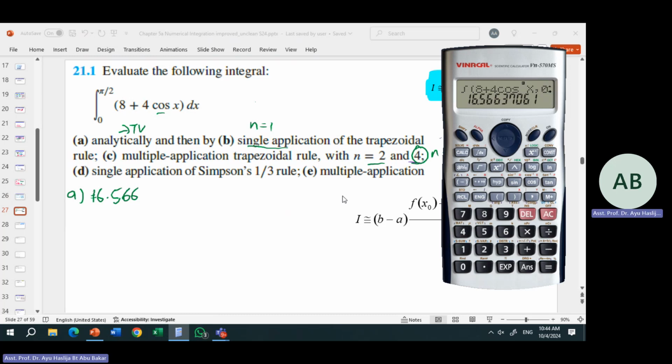For the true value, what you get? 18, then your mode is degree. If you get different from mine, I will check your mode. Degree, 18. Okay, if you use radian, it will be 16.